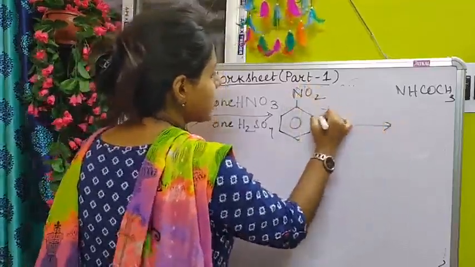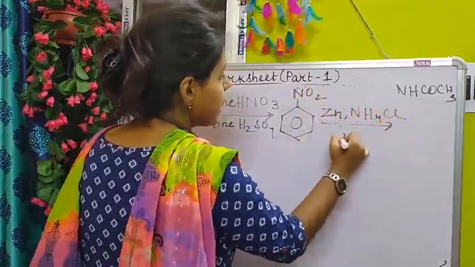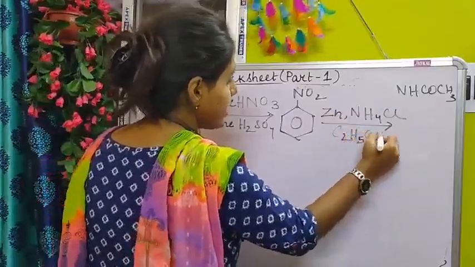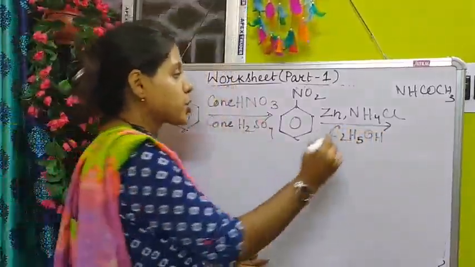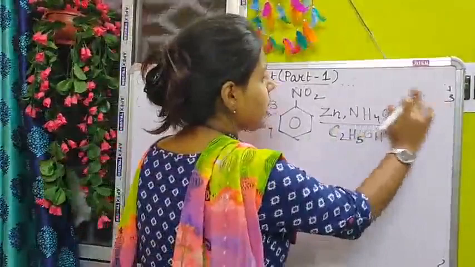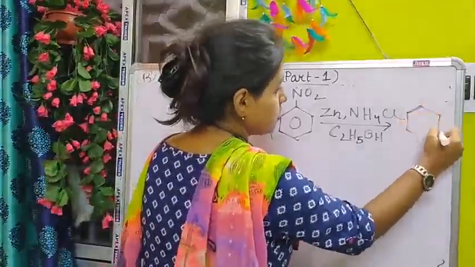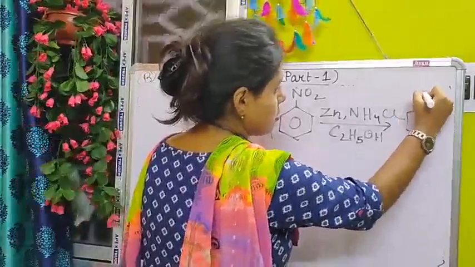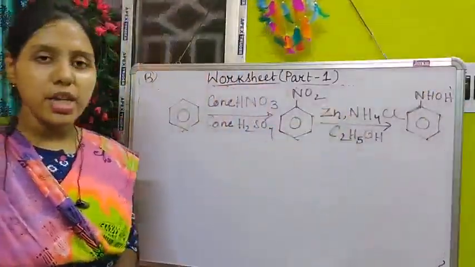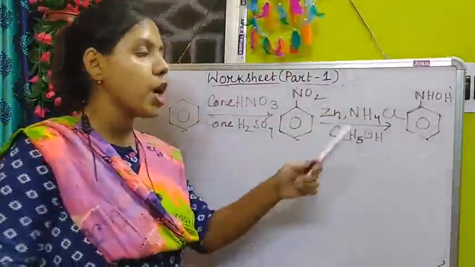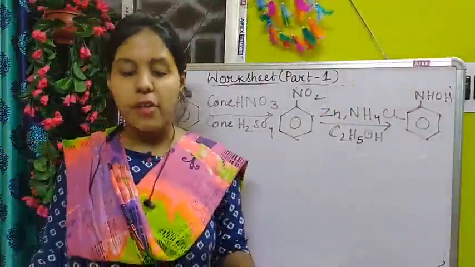After that, zinc, NH4Cl and ethanol are added in the reaction medium. That means the Mulliken-Barker test. So from here we get the compound phenylhydroxylamine, C6H5NHOH. That means the first step of the Mulliken-Barker test will be obtained.